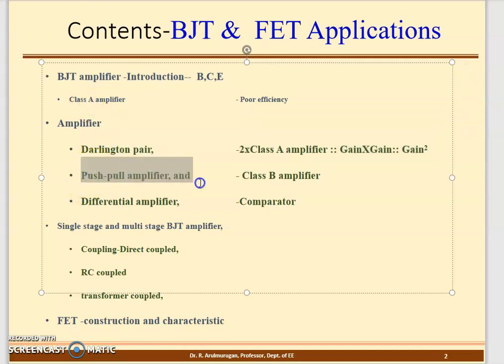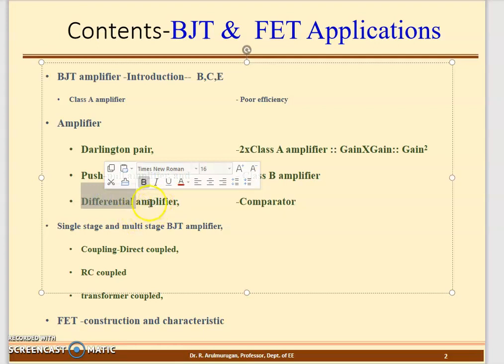Next, the class B amplifier also uses two transistors. Its name is based on the connection: it is called a push-pull amplifier. Compared with A, it has better performance. The next amplifier is the differential amplifier.